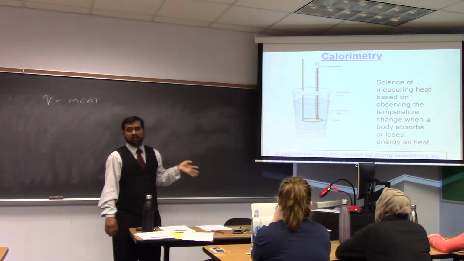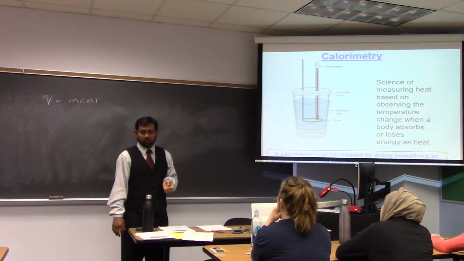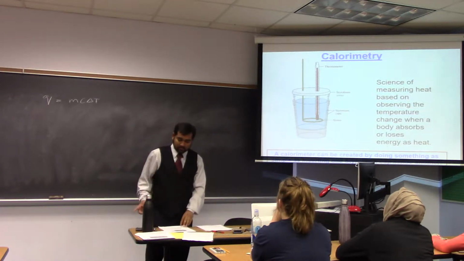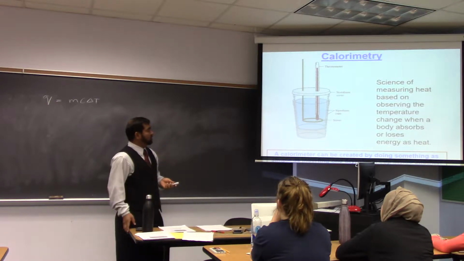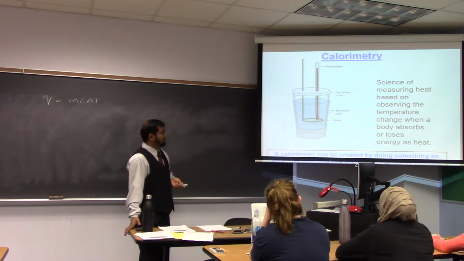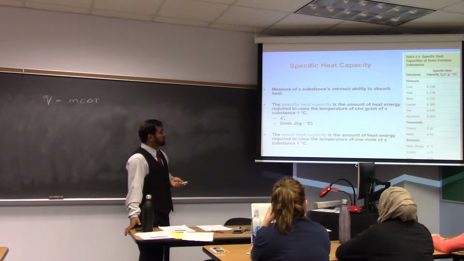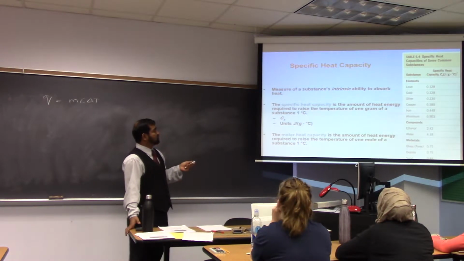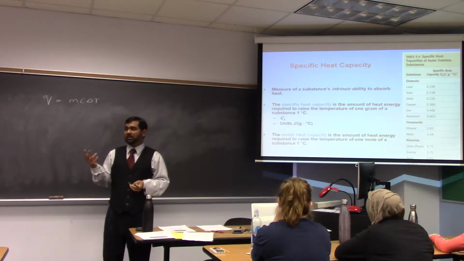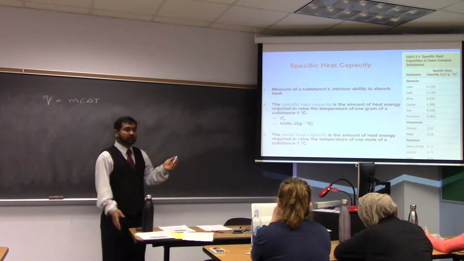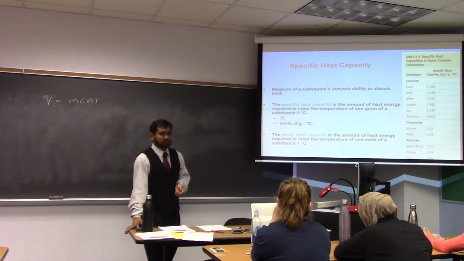So we'll be doing a lab for this styrofoam calorimeter in the next weeks. Before going to the math of this calorimeter, I'd like to refresh your memory on specific heat capacity. We talked about 3 types of heat capacity, right? This one is specific heat capacity.